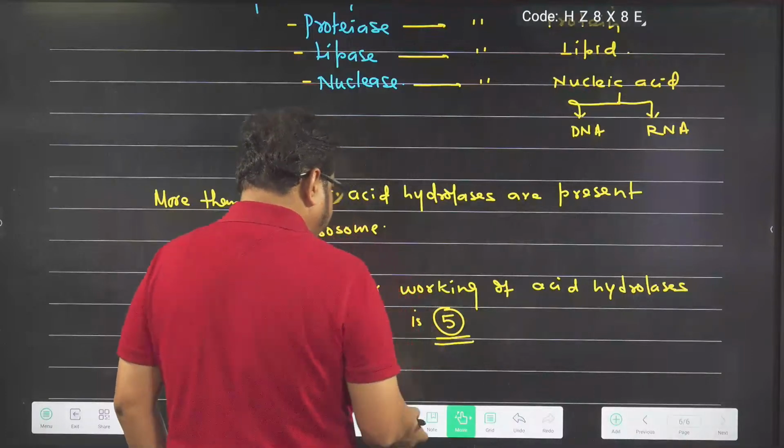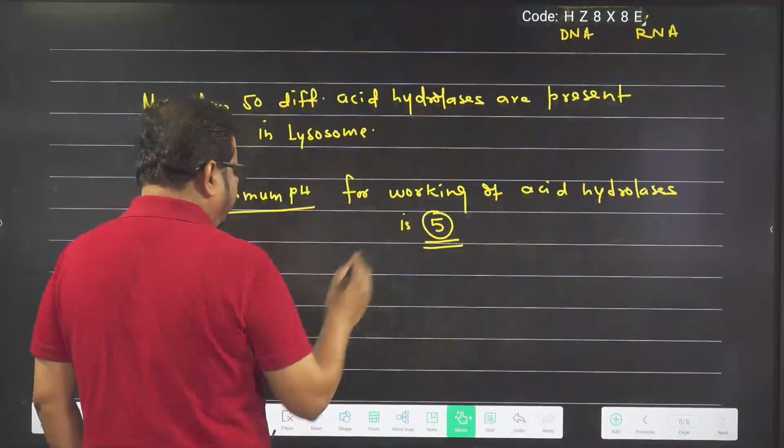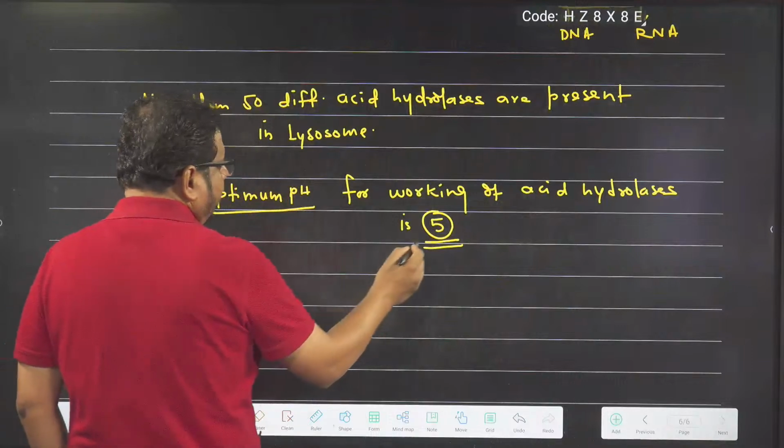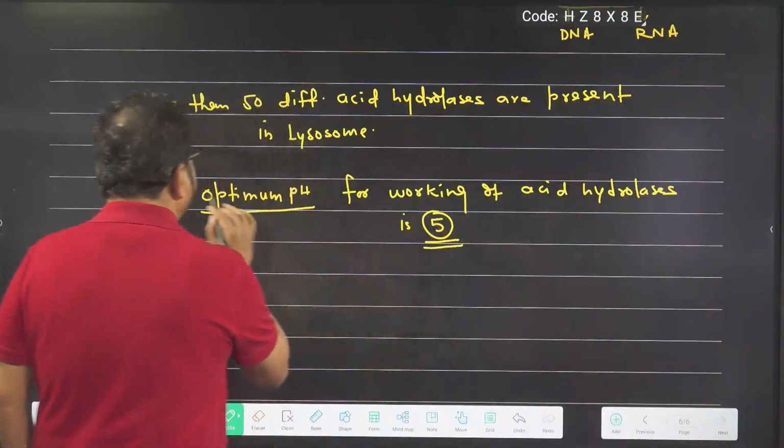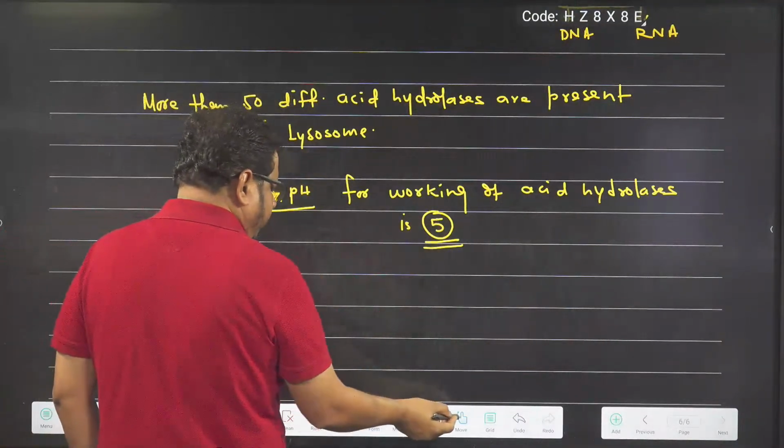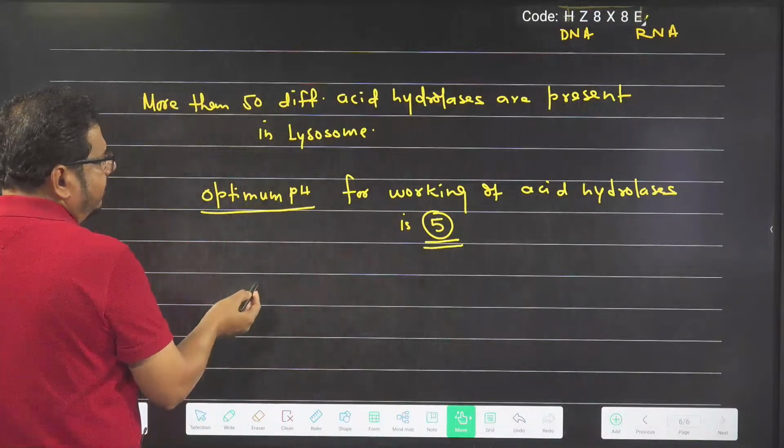At pH 5, what is 5 basically? Acidic pH. So at acidic pH, at pH 5, these acid hydrolytic enzymes work in the best way. Got the idea? Is it clear in the mind?